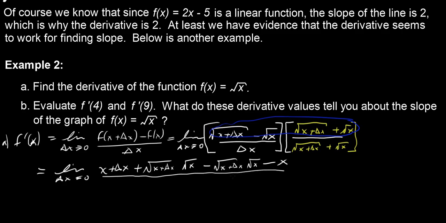And then all of that would go over, and I'm not going to even multiply out those denominators. I'm going to leave the denominators as is. So it's delta x times that quantity, square root of x plus delta x plus square root of x. And I want to see if I can take that limit. Well, one thing that I see in the numerator, lots of stuff cancels out.